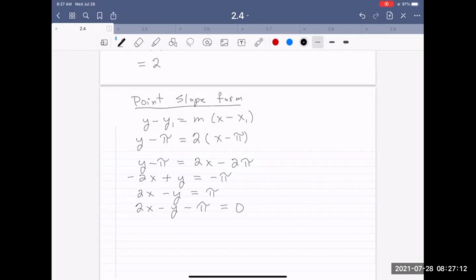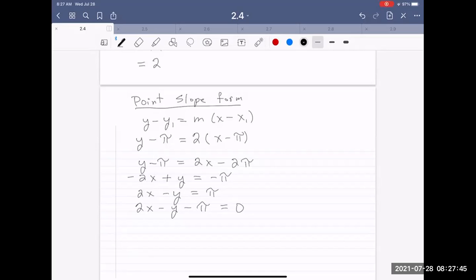Okay. So if you like that form better, that's fine. But one form is just as good as any other form. So there's really no reason to do it unless you're specified. Unless you're specified that you want to put it into a different form, there's really no reason to rewrite it in a different form.